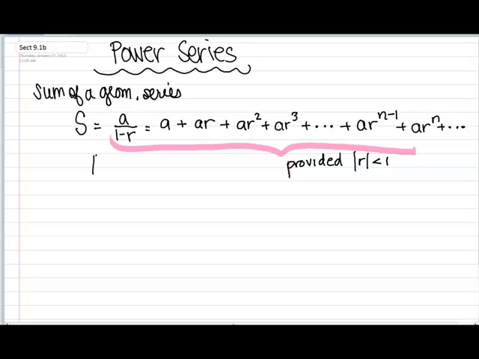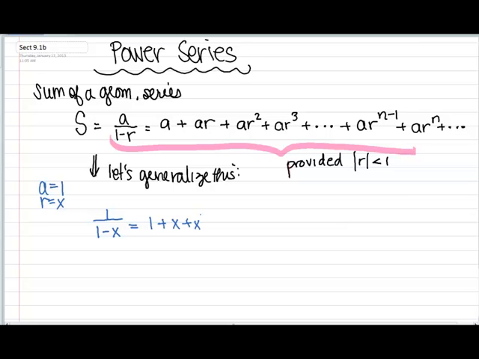Now let's generalize this. I would like us to rewrite this when A equals 1 and R equals x. So our first term is going to be 1, and our common multiplier is x. Plugging it in, A over 1 minus R is 1 over 1 minus x, and that's going to be 1 plus x plus x squared plus x cubed, and so on until I get x to the n power.